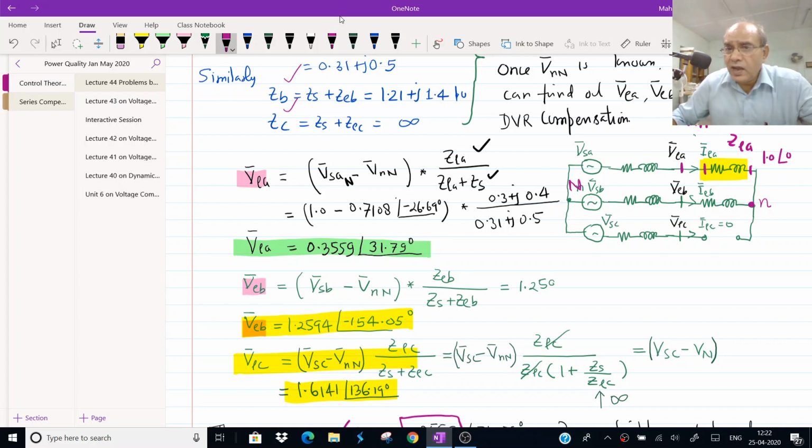Similarly, BLV with respect to this is 1.0 angle of minus 120 degree. This should be BLB, and obviously BLC must be equal to 1.0 angle of 120 degree. So these are the new voltages. Okay.